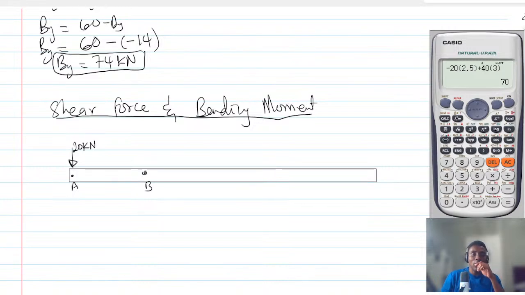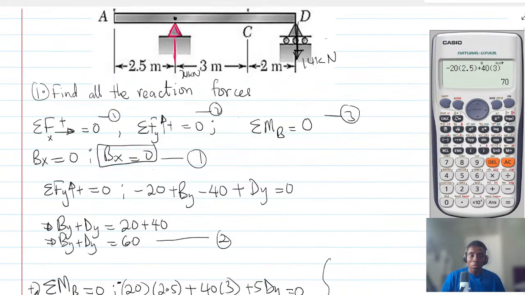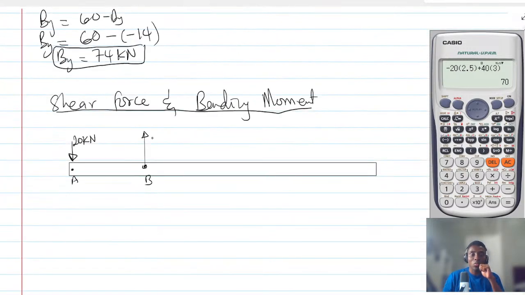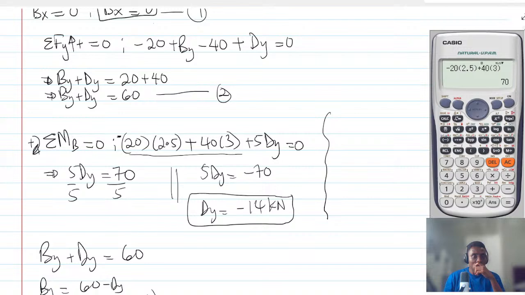So essentially the force there is going up. And then the load there was what? So 74 kilonewtons. And then C was what?